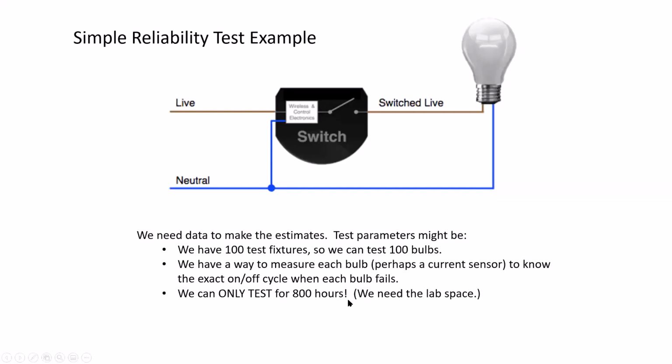So we're limited in the amount of time or the amount of cycles that we can put on these things. Well, that's problematic because we're trying to estimate all the way out to 1100 cycles. So what are we going to do? And forgive me, obviously we've got one typo here with hours. I may have done that in other places as well. So forgive me if we spot those.